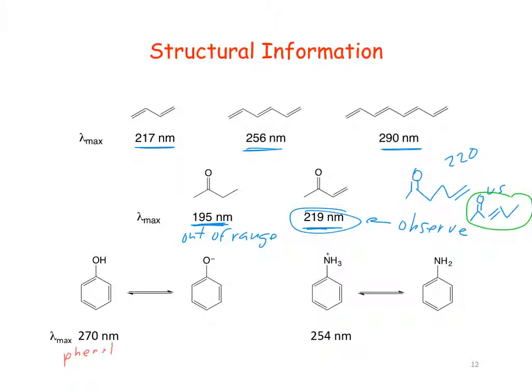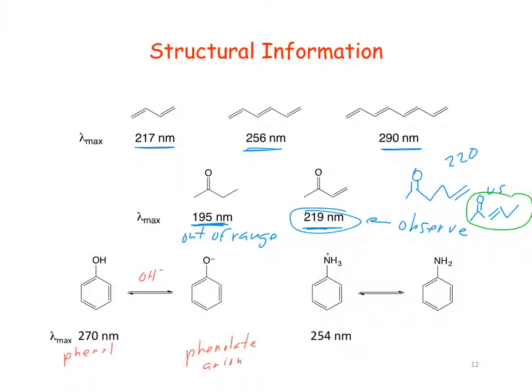And if we add some base, maybe hydroxide, and raise the pH, the hydroxide can pull off that proton, and we get what is called the phenolate anion. So we've increased the amount of charge on that oxygen.